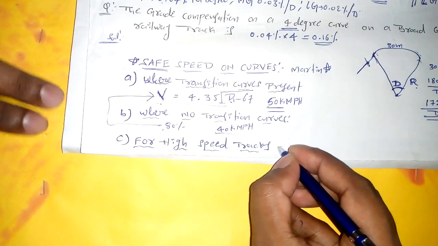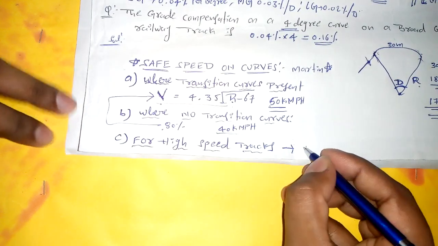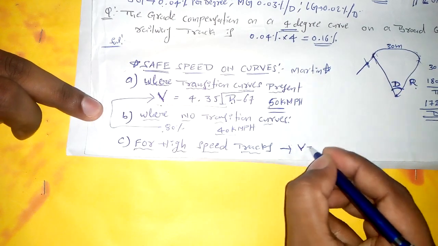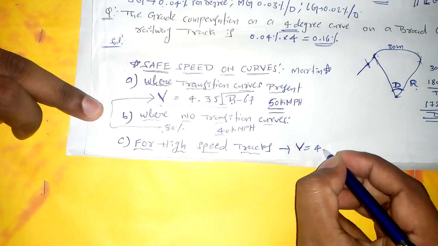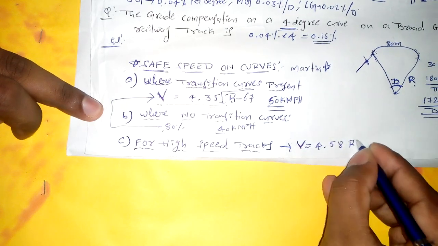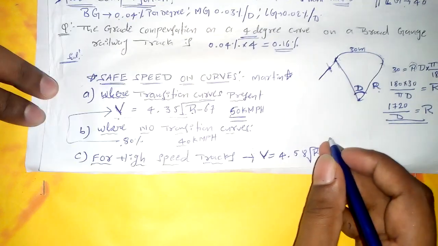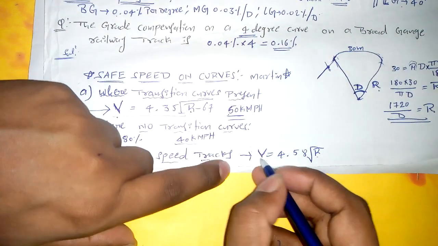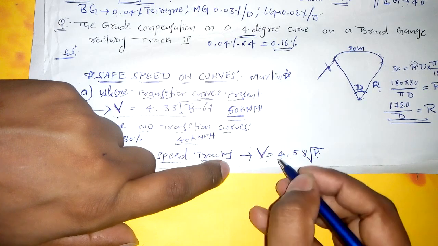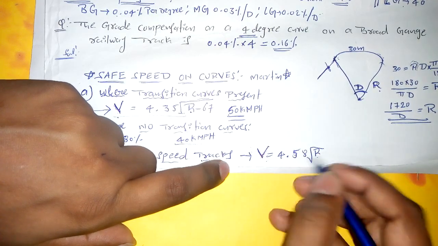For high speed tracks, the formula was given as V equal to 4.58 under root R, where R is the radius in meters and V is the speed of the train in kilometer per hour.